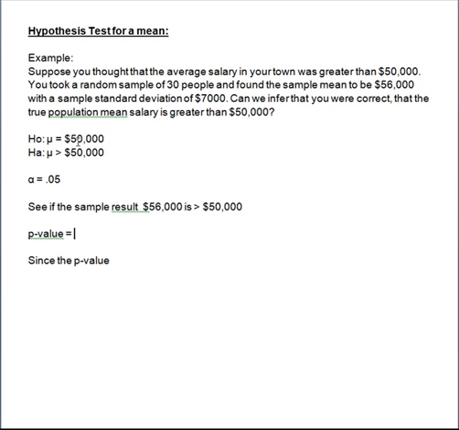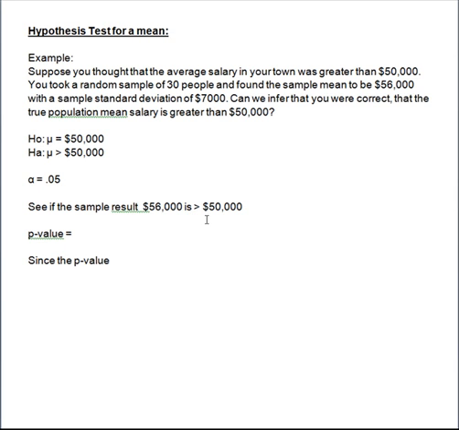If our sample result is pretty likely within sampling chance, even though we think the mean is 50,000, then we couldn't possibly infer the alternative. But if it's pretty unlikely to get 56,000 if in fact the true mean is 50,000, then we can say it's probably not 50,000, so we reject H0 and go with the alternative. That's the logic of a hypothesis test.